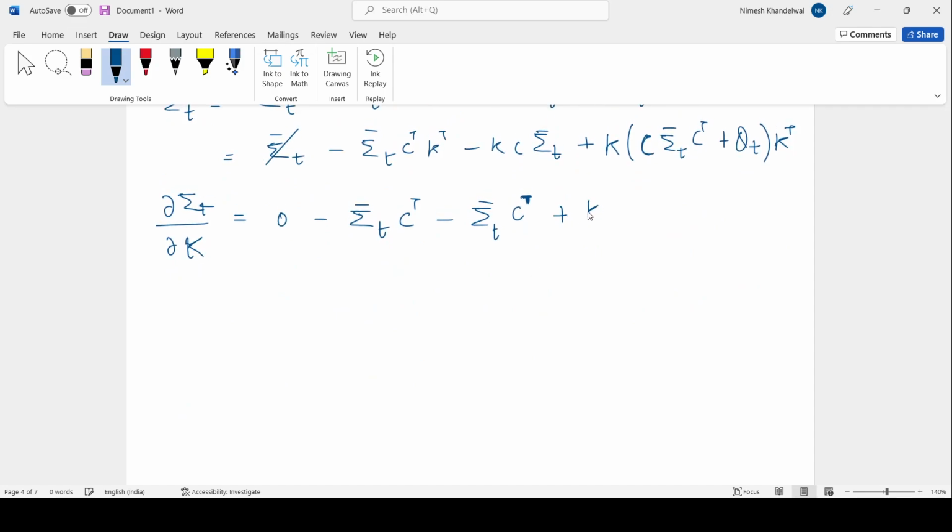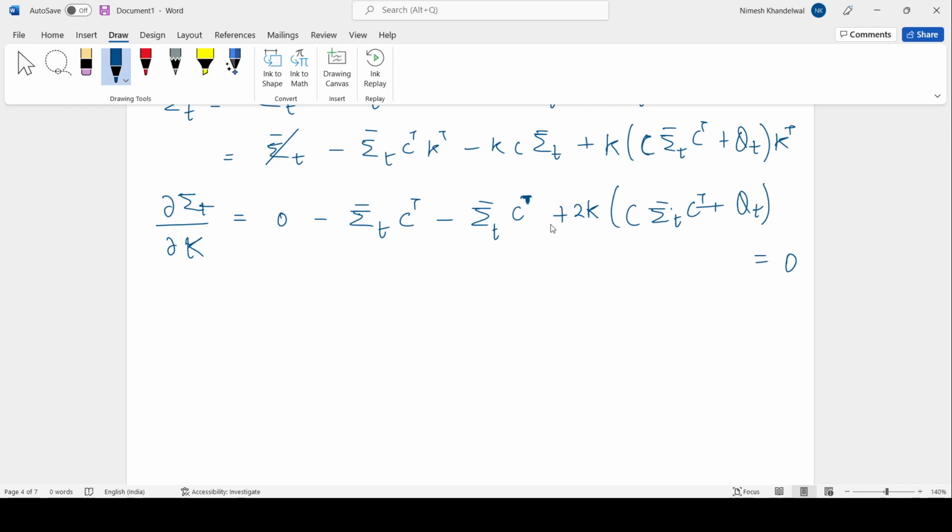This will be K times C sigma bar C transpose plus Q t, and since it is a quadratic term, there will be a 2.